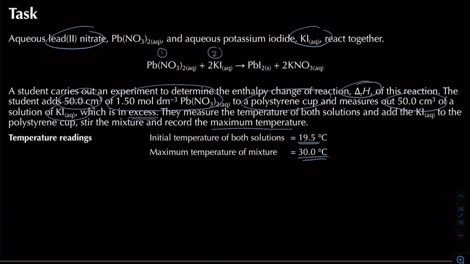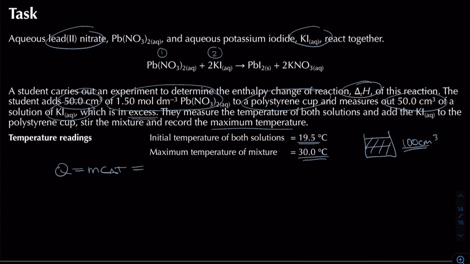To begin with, the first thing that we're going to do is actually calculate a value for Q, which is going to be equal to, again, MCΔT, just as before. We know that the mass in this case, because we're dealing with a polystyrene cup, we're adding in 50 centimeters cubed, followed by another 50 centimeters cubed. The total volume is now going to be 100 centimeters cubed for our solution itself.